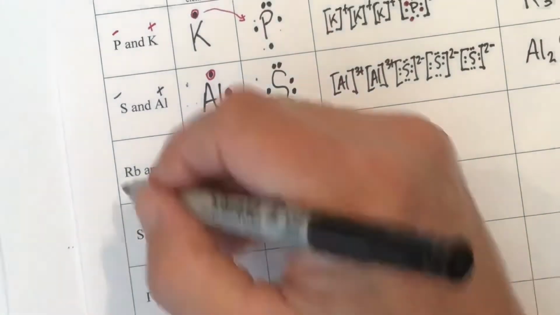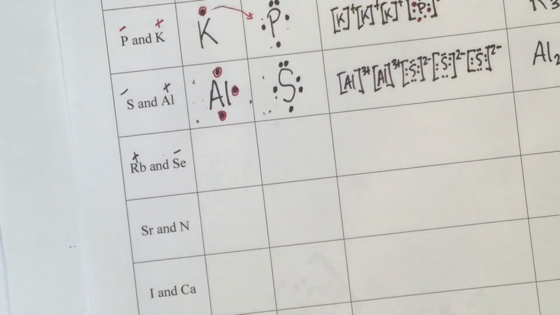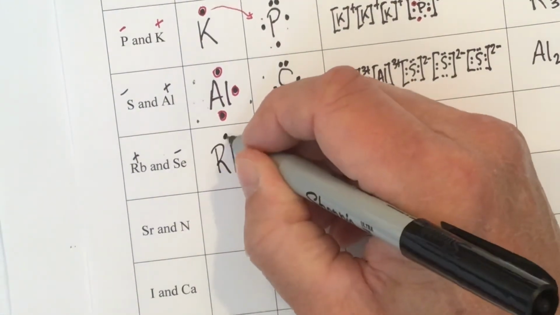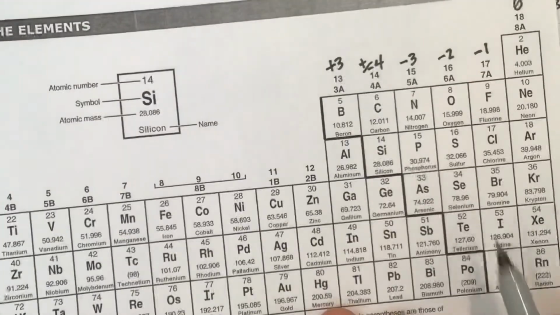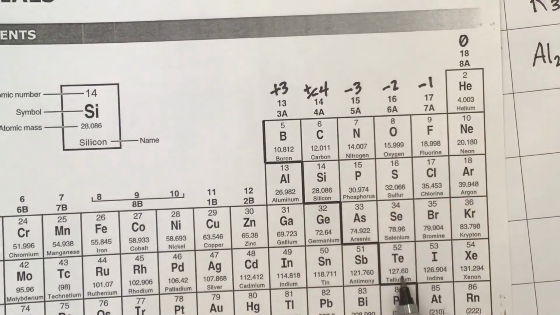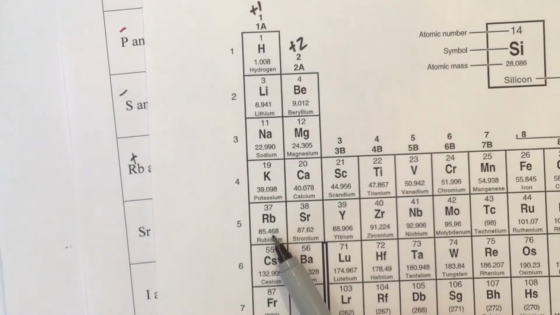Rubidium and selenium. Rubidium is our metal, and selenium is our nonmetal here. So rubidium, it is in group 1. It gets 1 valence electron. And selenium is in group 16 or 6A, so it gets 6. Oh, rubidium, it's right there below potassium.